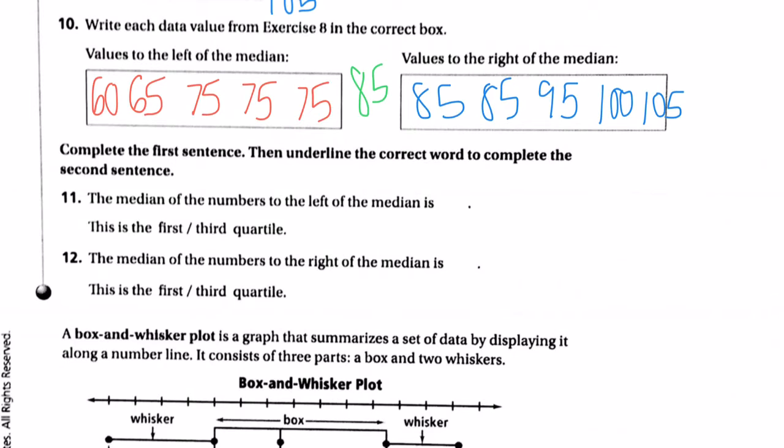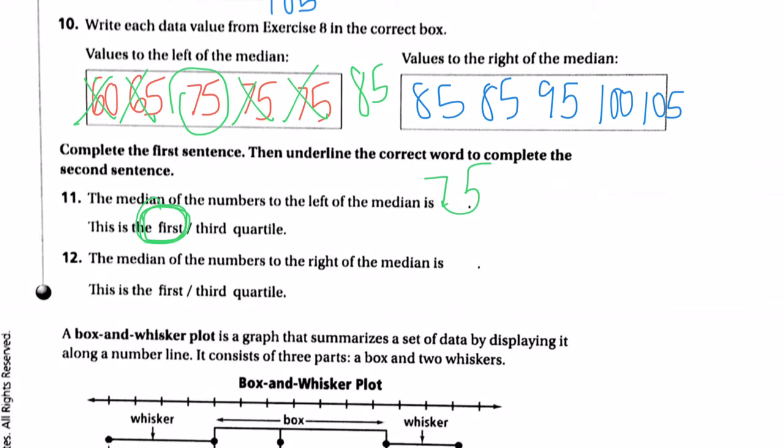Now, if we look at number 11, it says the median of the numbers to the left of the median is blank. So we're going to do that same process where we take one from the bottom, one from the top, and work our way in, knocking them off until we get the median, so that's going to be 75. That is our first quartile because the first quartile happens before the median.